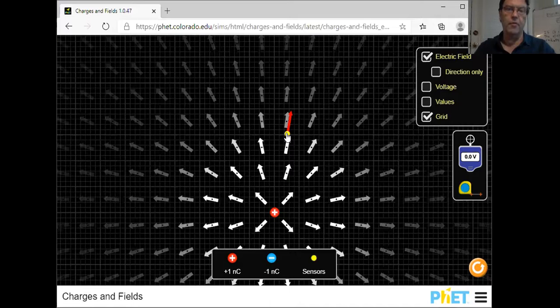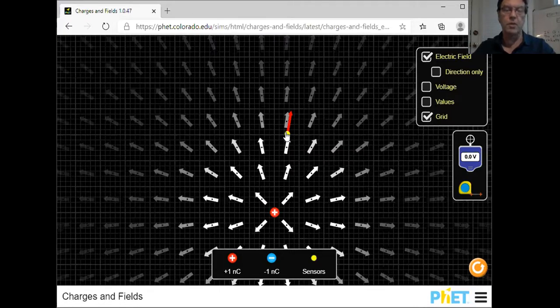It's going to be radially outward from the source charge no matter what, because when I test the electric field, it is what happens to a positive source charge if one was there. All right, so a positive charge is always going to be driven away. The electric field is always going to drive a positive charge outward.